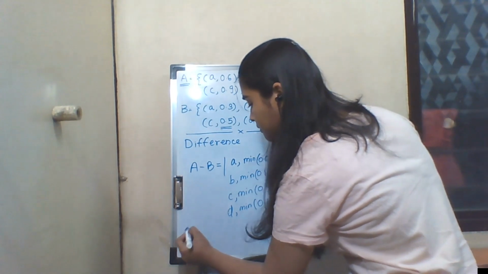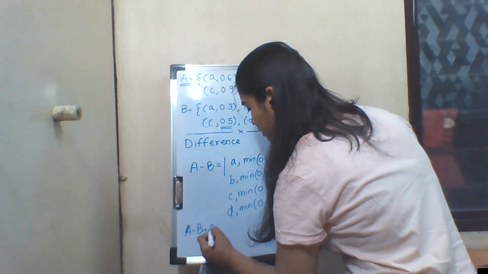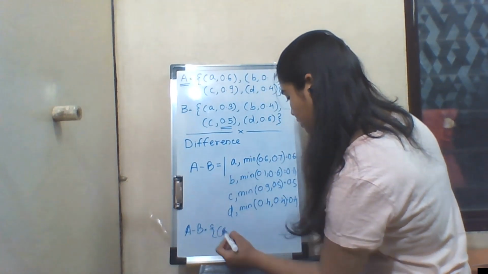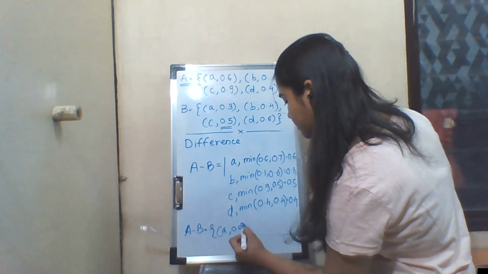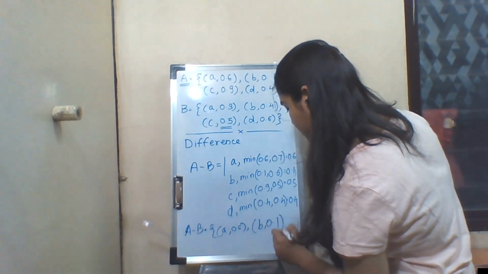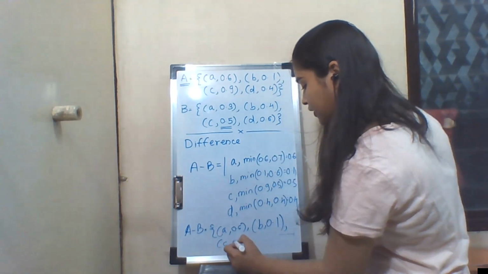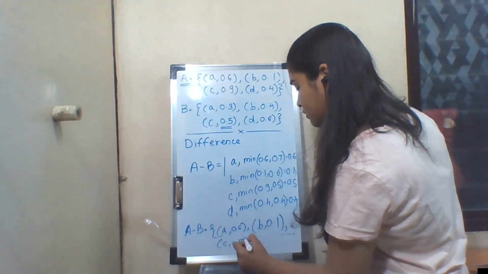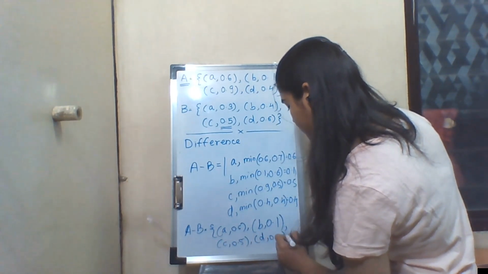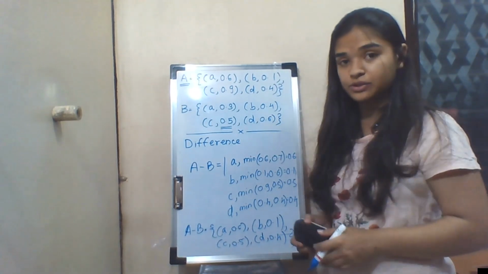The final set A minus B is as follows: A, comma 0.6, B, comma 0.1, C, comma 0.5, and D, comma 0.4. So this is the difference operation.